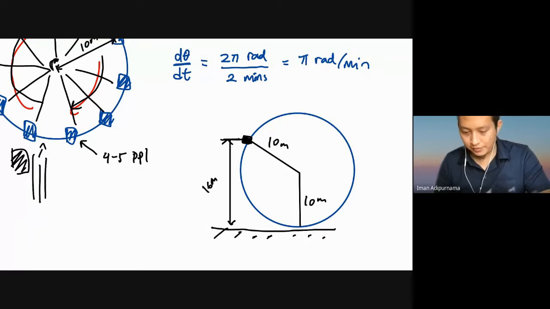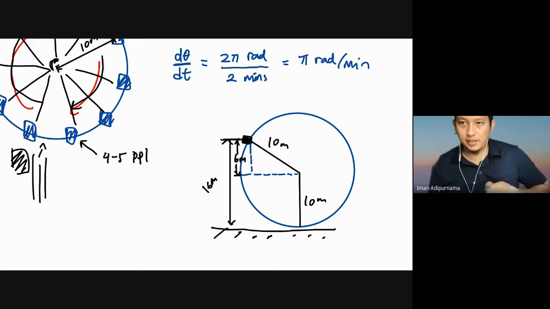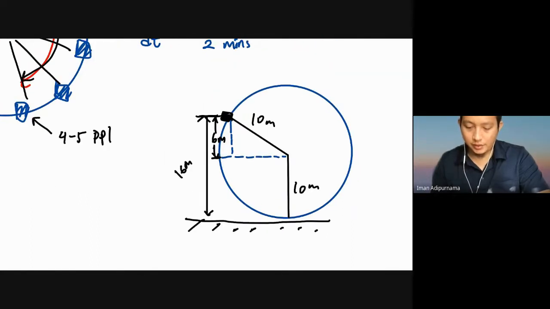So if you draw here, then we will have a triangle here with a side of precisely 6 meter. Okay. So we have 10, 6, right? Now if we have this triangle, then this part will be 8 by Pythagorean.